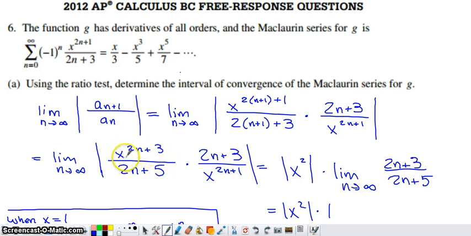What we have in this numerator right here is 2n plus 3 factors of x. In this denominator, we have 2n plus 1 factors of x. There are 2 extra factors of x in this numerator that are not present in this denominator. So if you use division of like bases, you're going to subtract this power from this power.